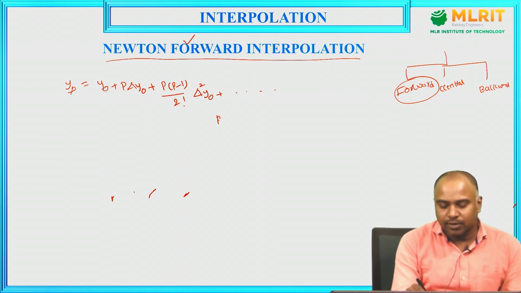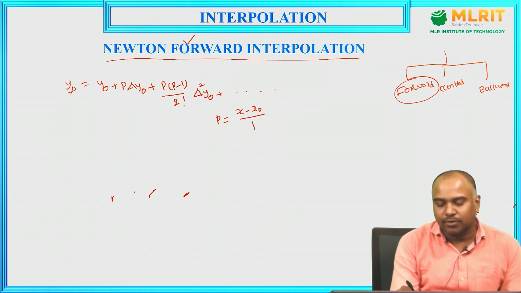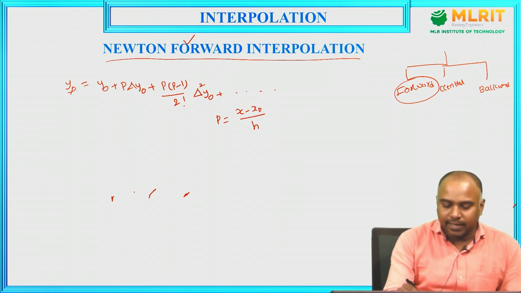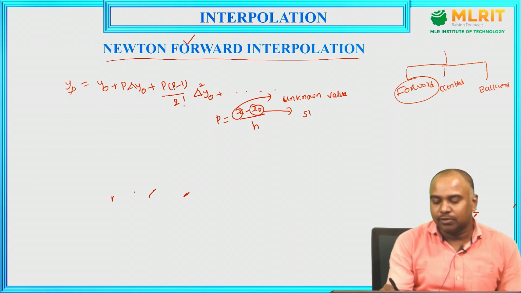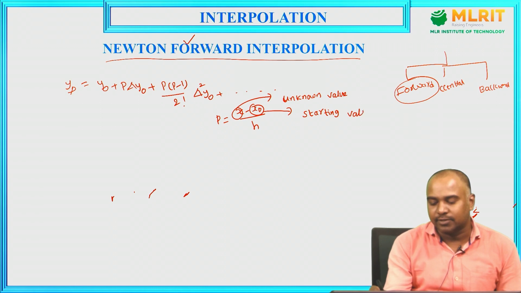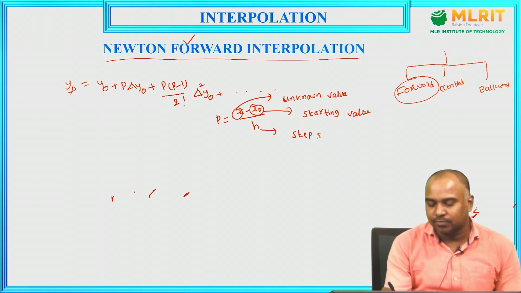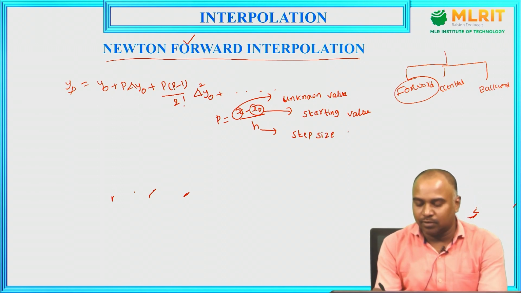Where p is found using the formula p = (x minus x0) by h. Here x is the value for which we are finding the unknown value, x0 is the starting value of the x series, and h is the step size of the x series.